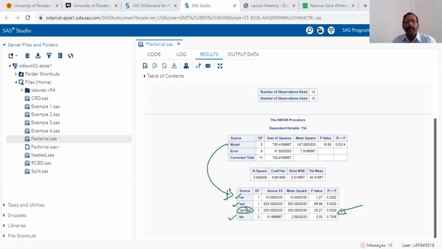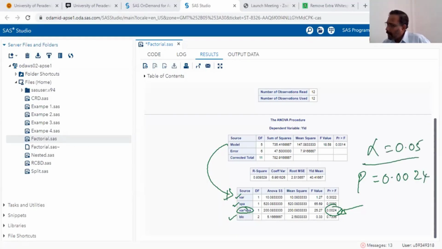Is there any interaction existing? Yes, there's a significant interaction. Why? Because here the p-value is 0.0024. If you take the alpha as 0.05, the alpha value is higher than the p-value, so it is significant.